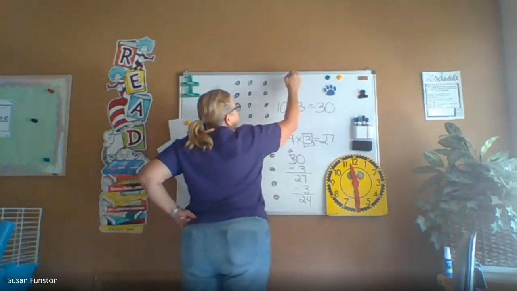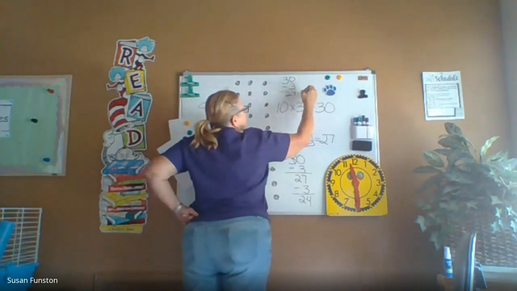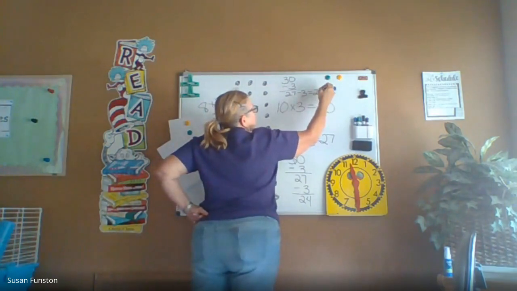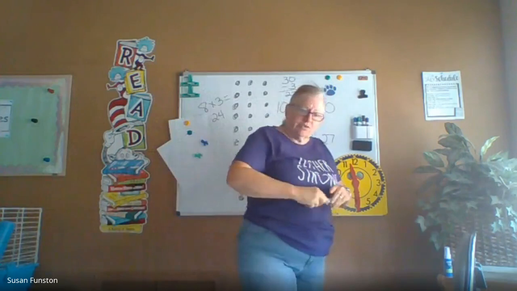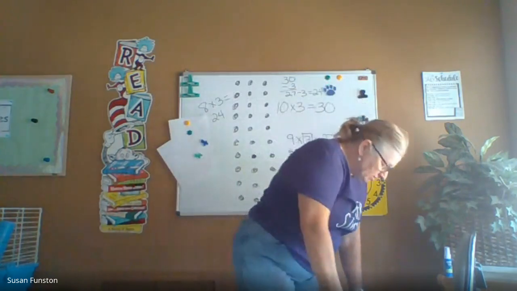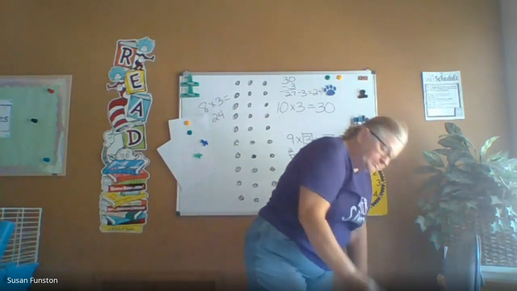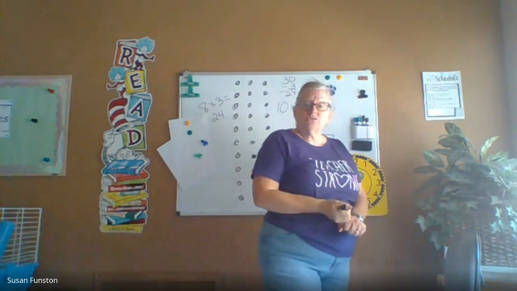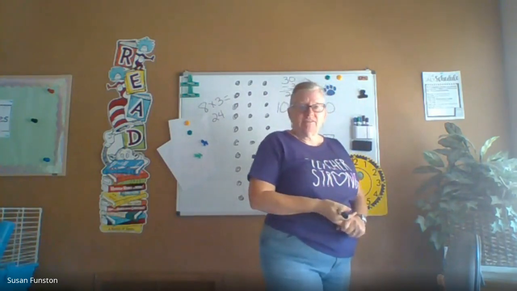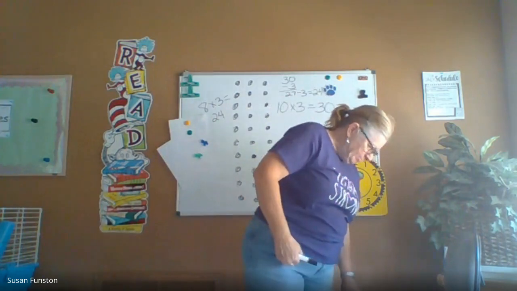So I would need 30 minus 3, and then I would need to subtract another 3, and I would end up at 24. So I can use parts of an array to make my skip counting easier for myself, and that way I can count by 2s, count by 10s, count by 5s, instead of counting by harder numbers that are harder for me to skip count by.